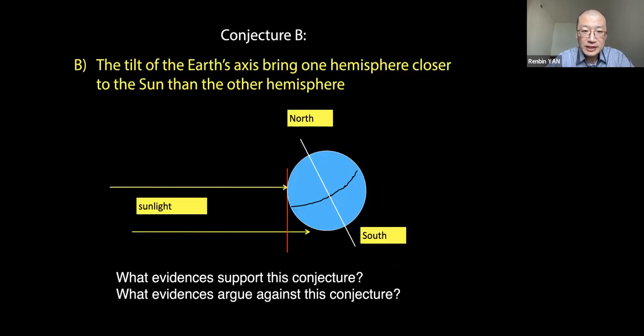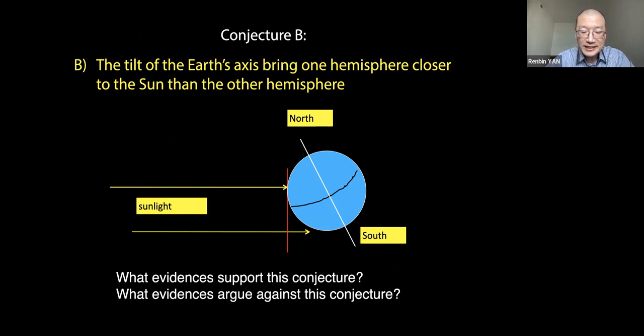Now, what about conjecture B? Most of you chose this conjecture. You said the tilt of the Earth's axis brings one hemisphere closer to the sun than the other hemisphere. So this would solve the problem of the opposite seasons between the north and the south, right?